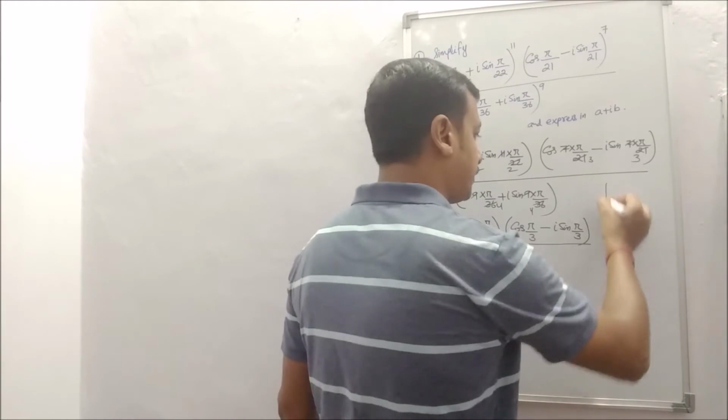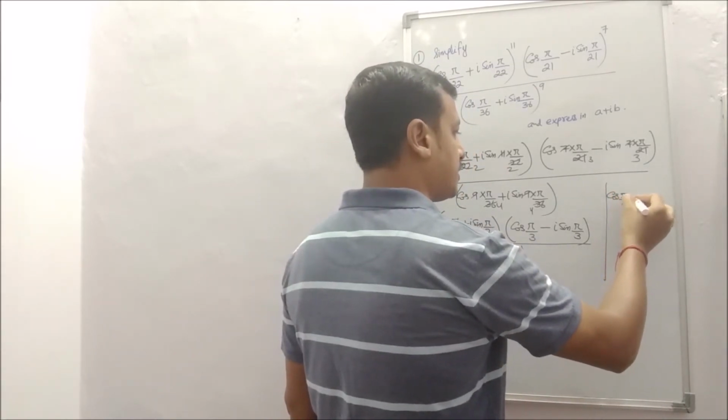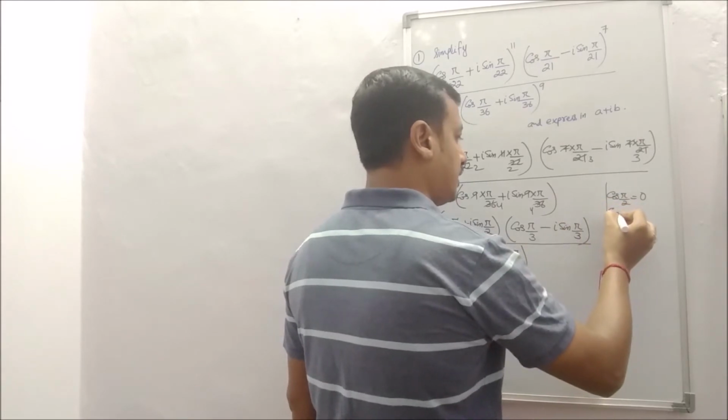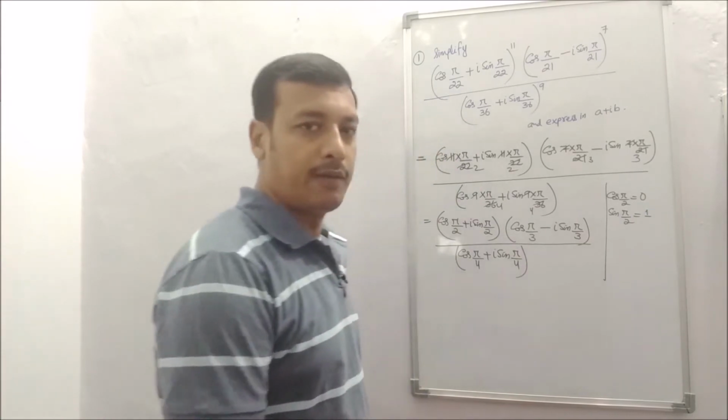So we know that cos π/2, that is cos 90 degrees, is equal to 0. Sin 90 degrees or sin π/2 is equal to 1.